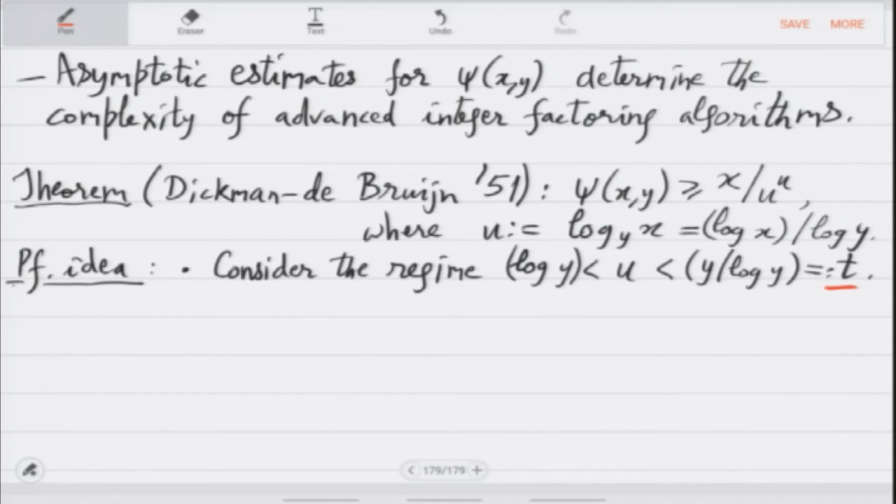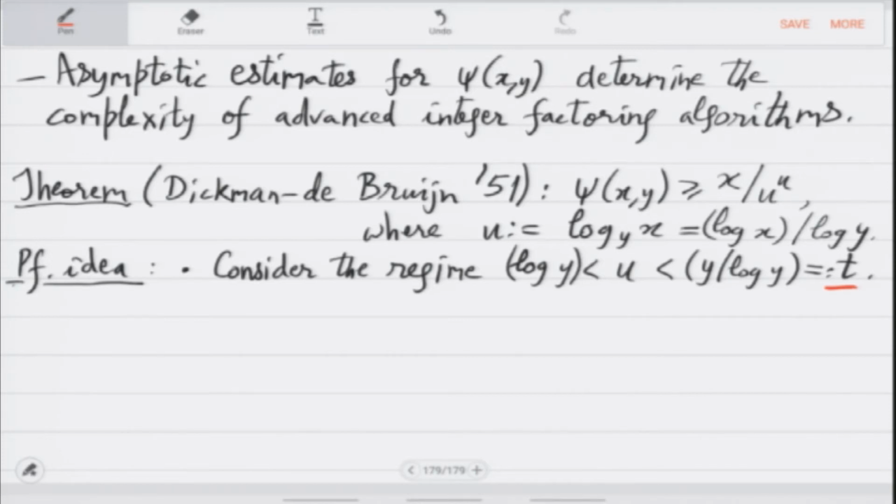Similarly, y should not be too large, because the first inequality means that log y whole square should be less than log x. So in this regime, the proof works.